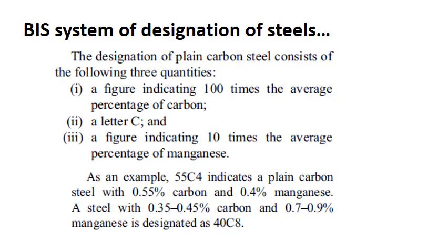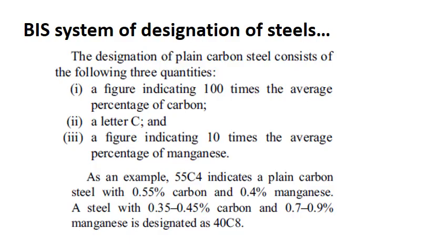It is 10 times the average percentage. This number is already multiplied by 10, which means you have to divide it by 10. So 0.4% of manganese. So for plain carbon steels, the first number has to be divided by 100 and the last number has to be divided by 10. The first number indicates the average percentage of carbon, while the last number indicates the average percentage of manganese. We will not add any symbol over here.